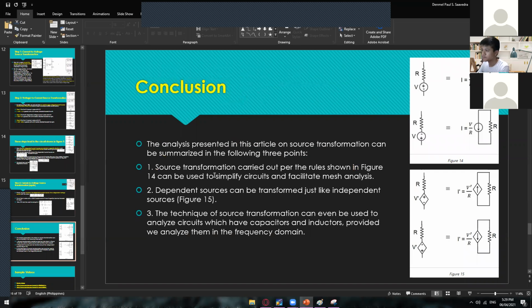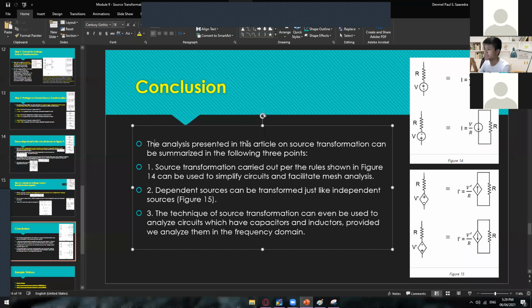As a conclusion, source transformation. The analysis presented in this article on source transformation can be summarized in the following 3 points. The first one is source transformation carried out per the rules shown in figure 14. Right here we have a series connection that will become a parallel connection.